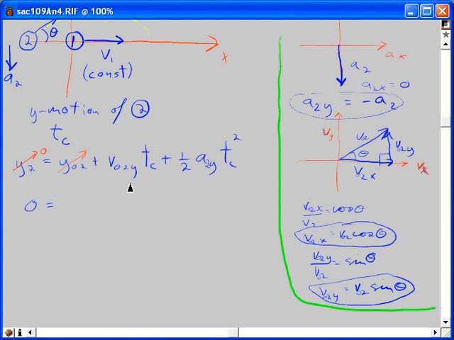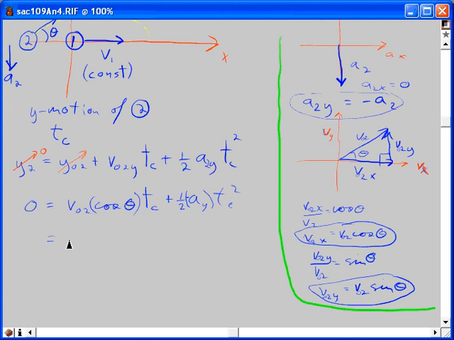Initial velocity in the y direction is v02 cosine of theta, that's what we just found, times Tc. Put parentheses around that so you don't think I'm taking the cosine of theta Tc, plus 1/2 Ay with a minus sign, that was our A2y, times Tc squared. Let's simplify that a little bit.